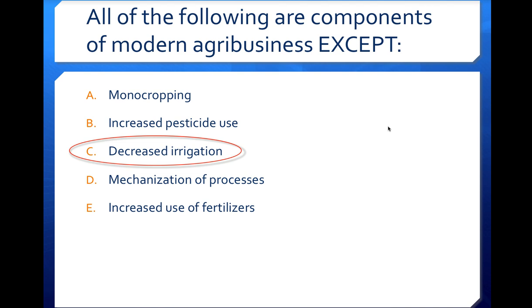So moving from monocropping to polycropping, decreasing our pesticide use, finding ways to irrigate with more efficiency. The process is still fairly mechanized. I don't know that we're trying to reverse that one too much. And then also decreasing our use of synthetic fertilizers and increasing our use of organic fertilizers like manure or compost.